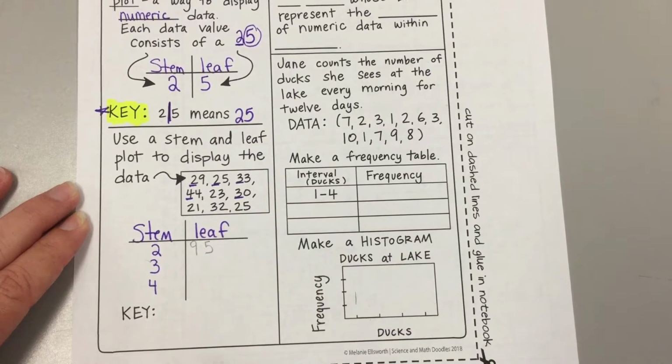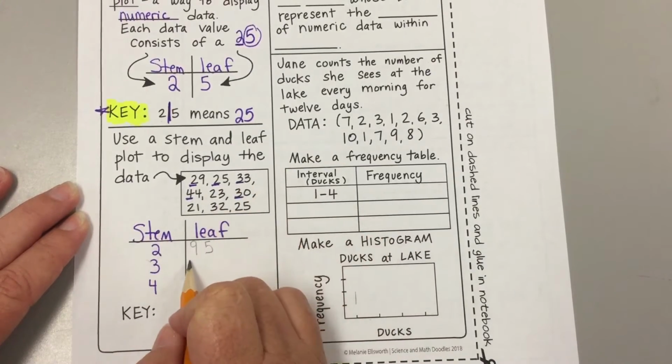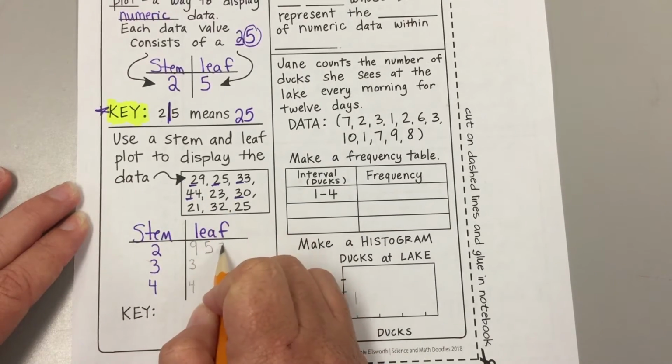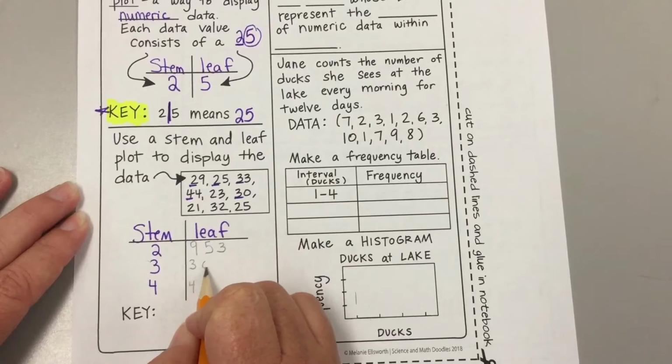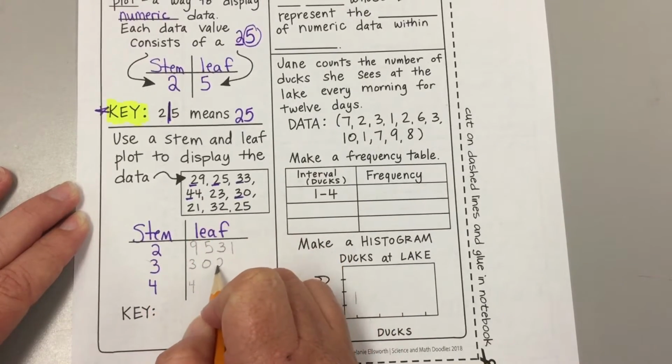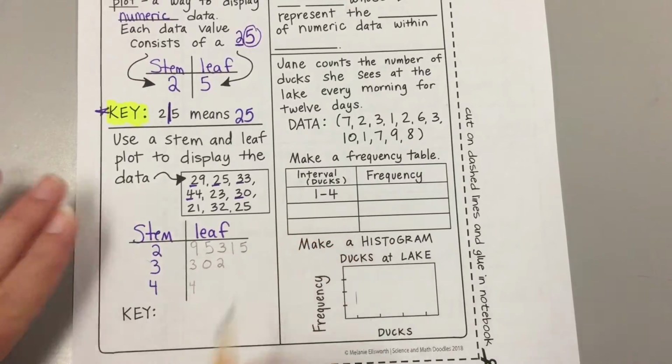If you're writing your notes in a marker, do not write these numbers down. Only if you have a pencil. And then I have a 33, a 44, a 23, a 30, a 21, a 32, and a 25.